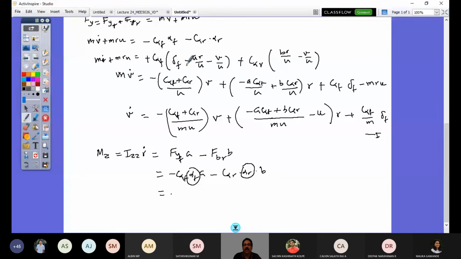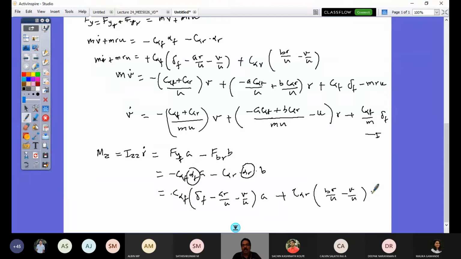So C alpha F within bracket, it is delta F minus AR by U minus V by U, into A, minus C, minus into minus becomes plus, C alpha R within bracket BR by U minus V by U into B. So this is what is I Z R dot.